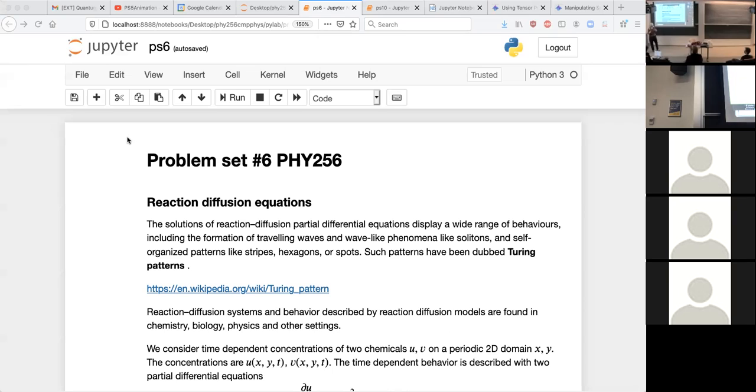The diffusion thing means that, if you remember the diffusion equation we talked about last time, this is a partial in one dimension, and there's the diffusion coefficient.